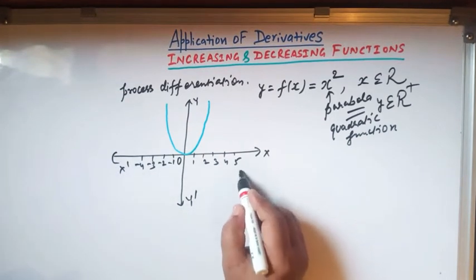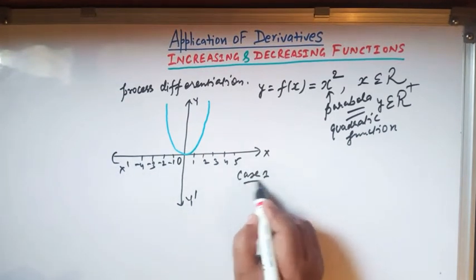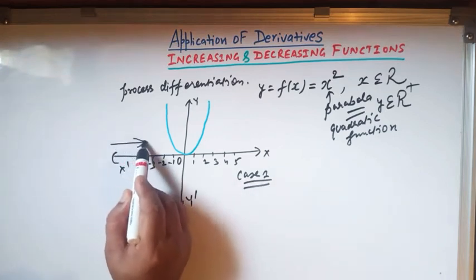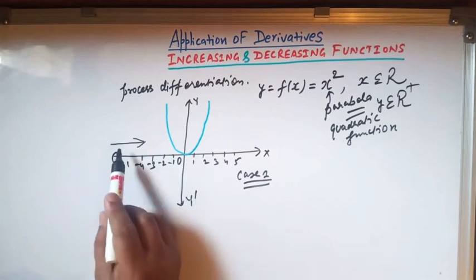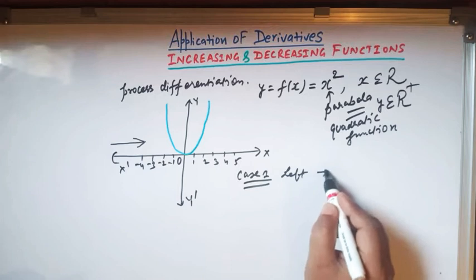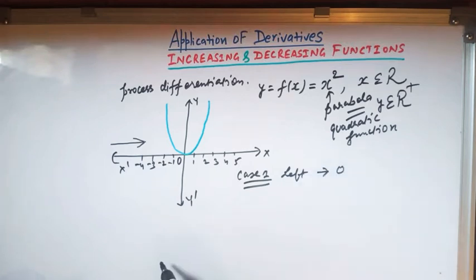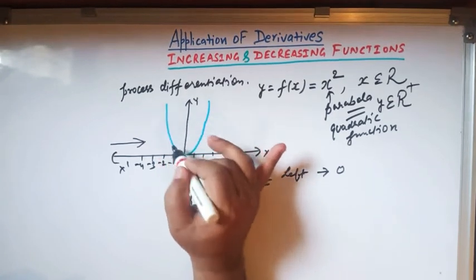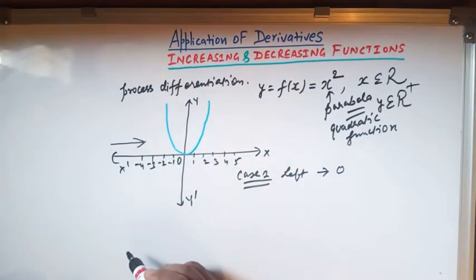Now we take two cases. Case 1: if we approach from left towards 0, we see that the graph decreases. Clear? The graph decreases.